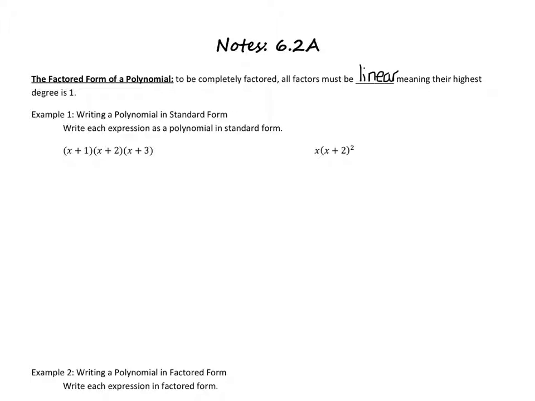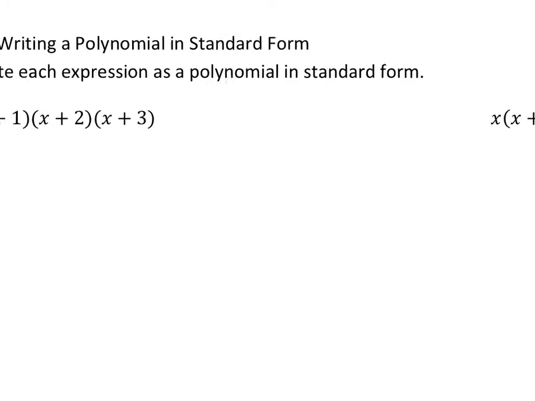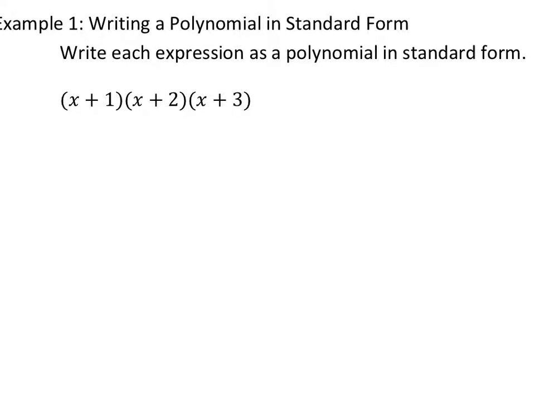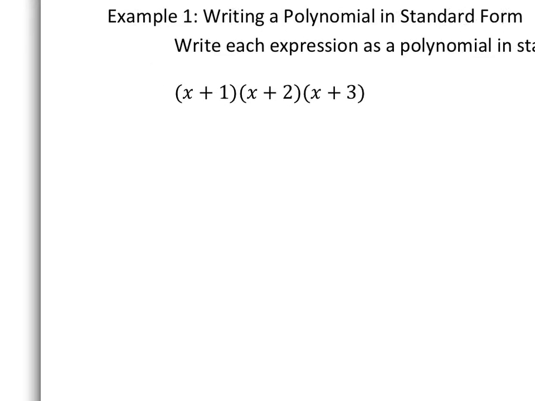So no x squared, no x cubed, no x to the fourth, and so on. We will really deal with that in the second type of problem that we do. To start out, here we're going from factored form to standard form. So we want to get no parentheses, combine all the like terms, and get it in order.